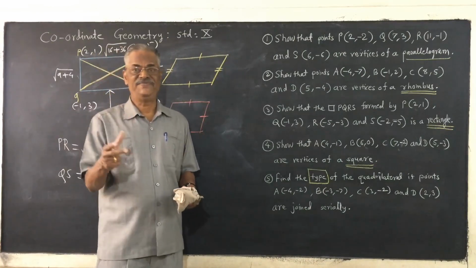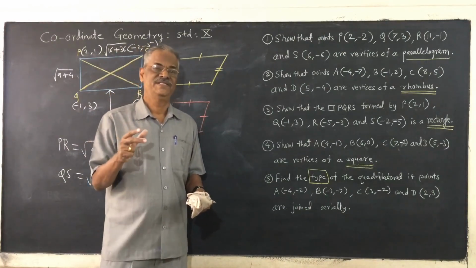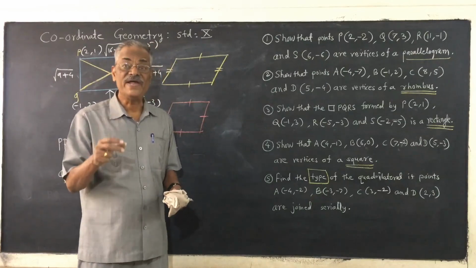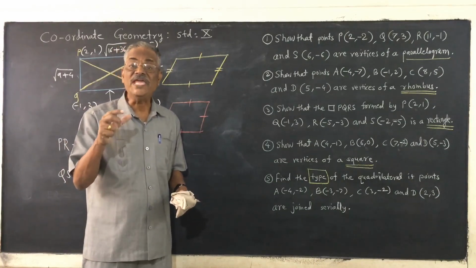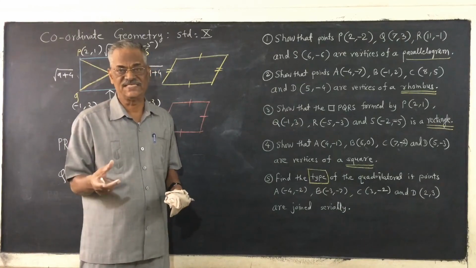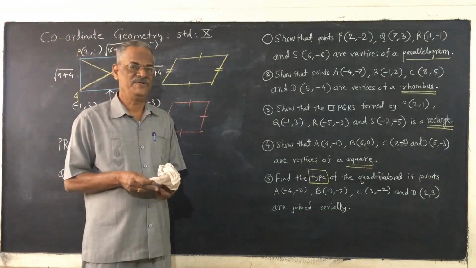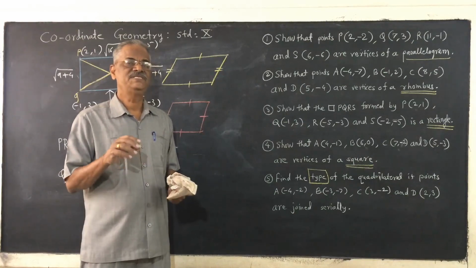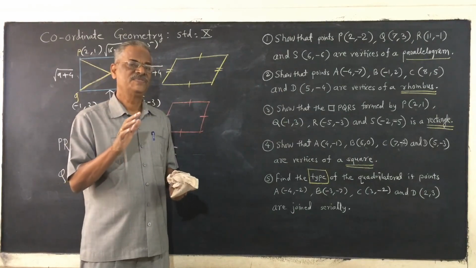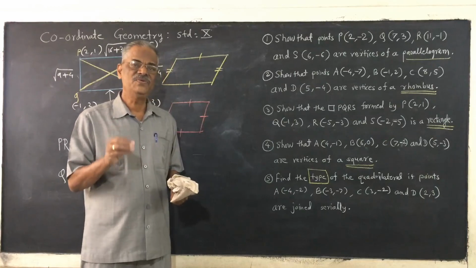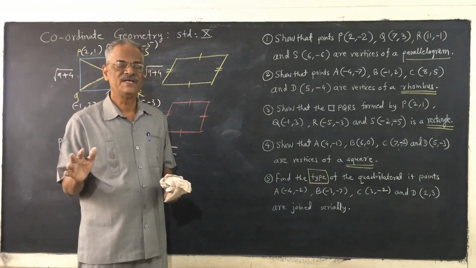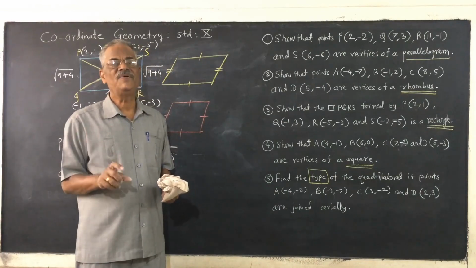Okay. In the next video we are using the distance formula to find the property of equidistance. So that will be in the next video. So this is the revision from the coordinate topic, the use of the distance formula to know the type of quadrilateral.